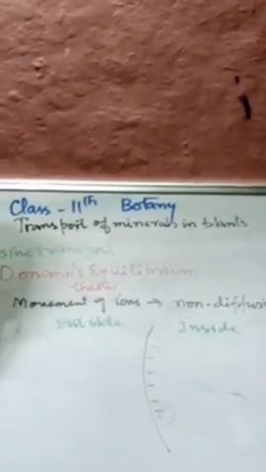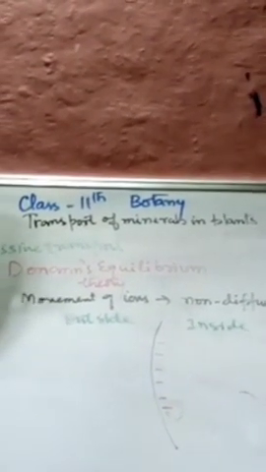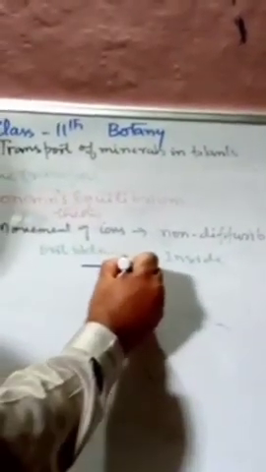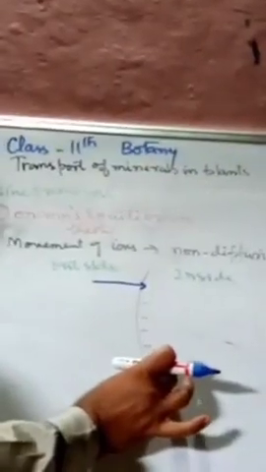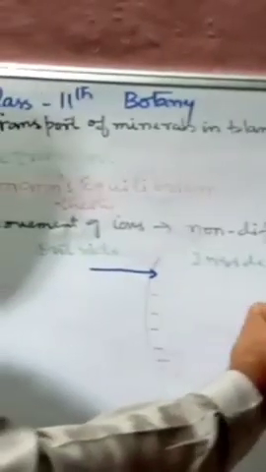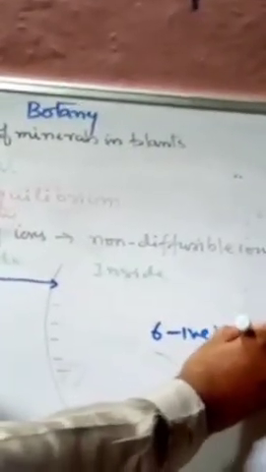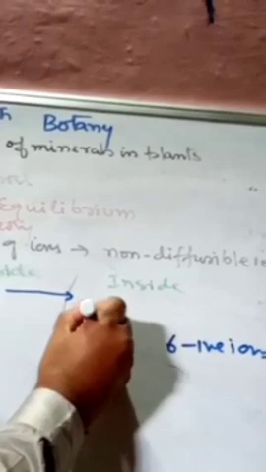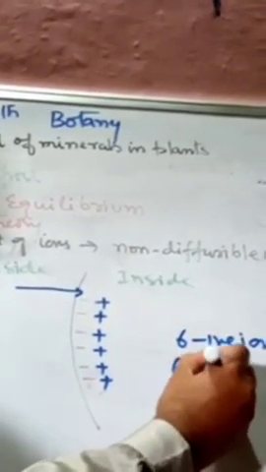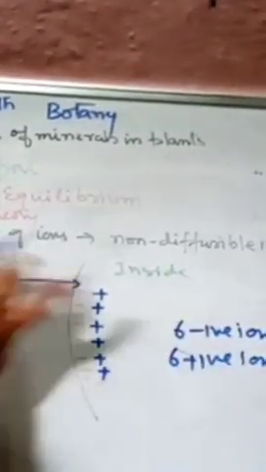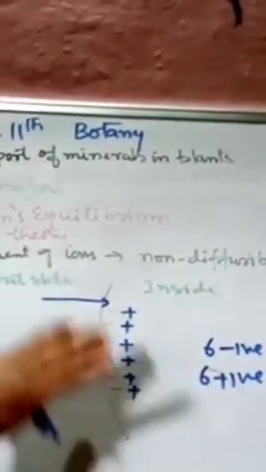Now outside the cell what we will see are the positive ions which make their entry inside. As many negative ions as there were inside, we have got 6 negative ions, the same number of positive ions move in. So we have got 6 positive ions.